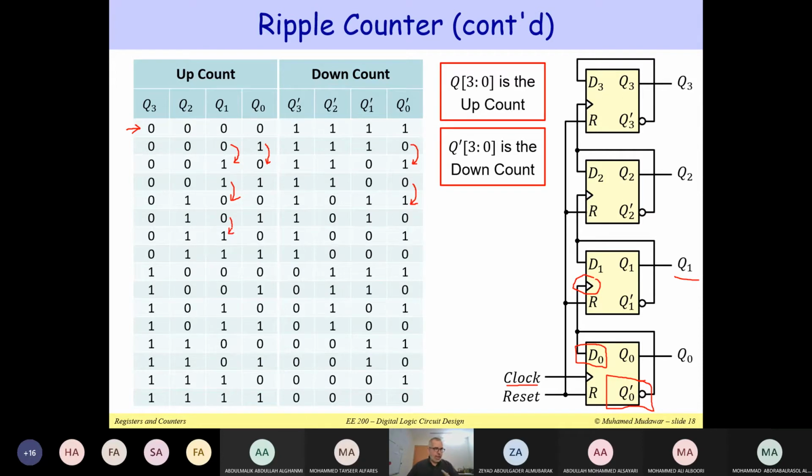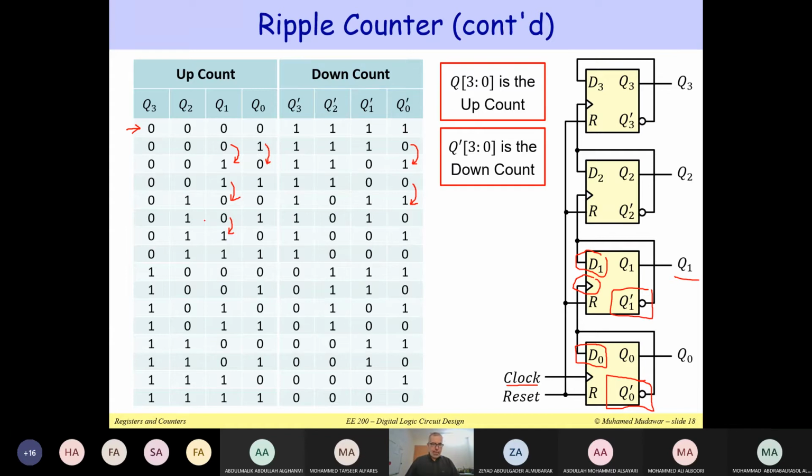We are changing the value of Q1 to become Q1 prime, so we take Q1 prime and connect it back to D1 so that we can toggle the value of Q1. So Q1 is 0. It will remain 0 for 2 cycles, and then after that, we change it to 1. It's going to remain 1 for 2 cycles, and so on. That's for Q1.